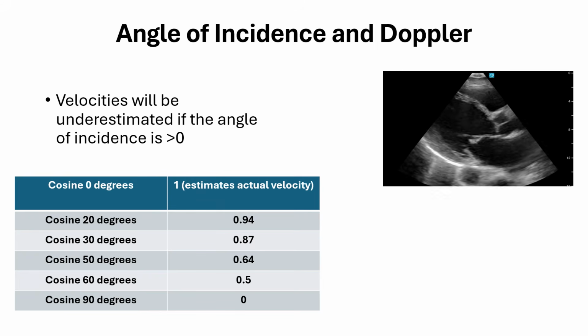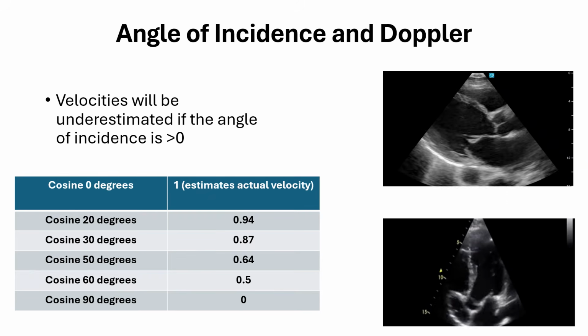So let's take a look. On the top right image, you have a parasternal long axis clip. In this clip, we typically measure LVOT diameter within 1 centimeter of aortic valve. This view will not give you a good Doppler angle, and if you were to use it for LVOT stroke volume estimation, you will severely underestimate the stroke volume and cardiac output because of poor Doppler angles.